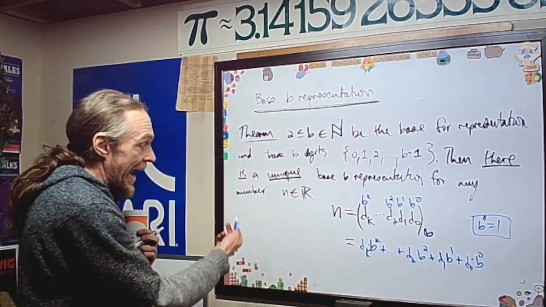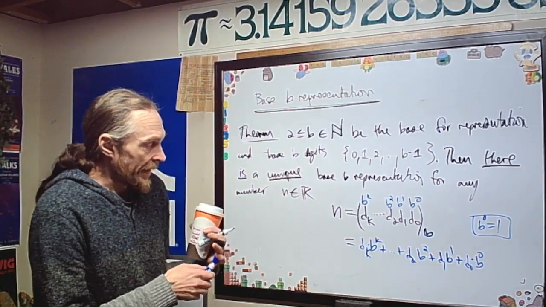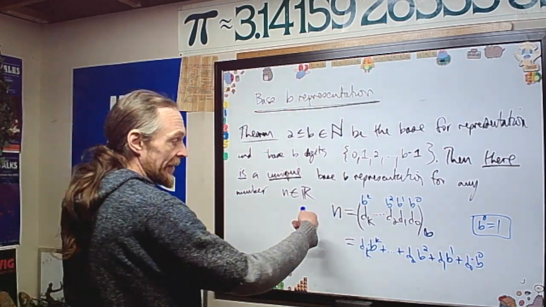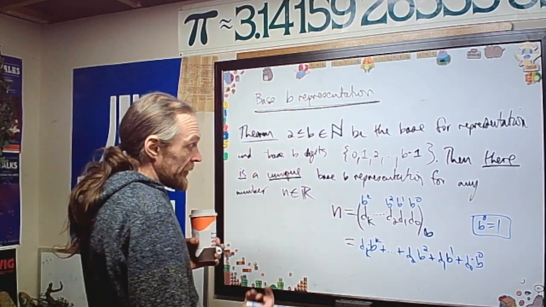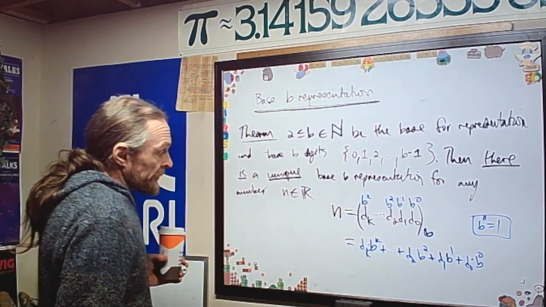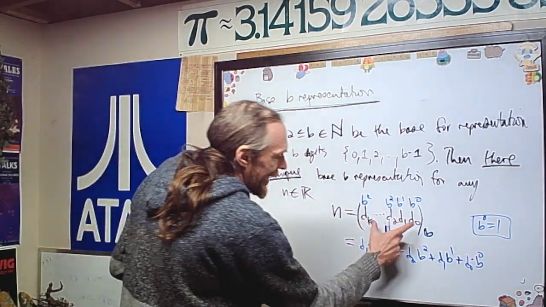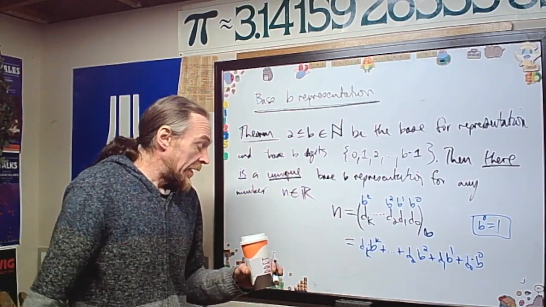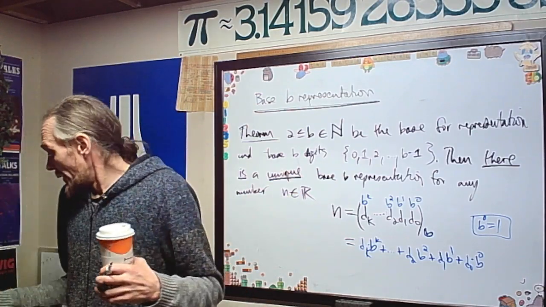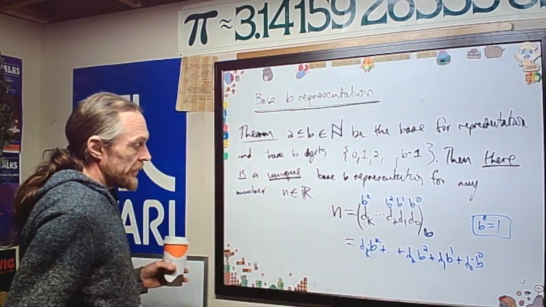So every number has a base b representation, and there isn't more than one. It has a unique base b representation, and this is what the clever numeration system is doing for us. It allows us to compactly have a notation for every number we ever had, and I don't have to keep creating new symbols to do this. All I need is b of them, 0 to b minus 1.